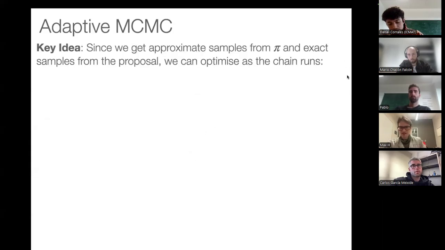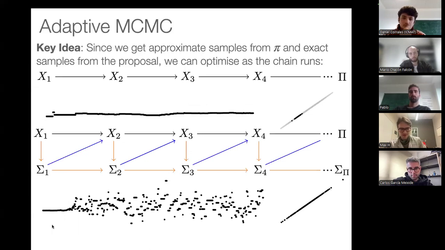So as I said before, the key idea is that since we get approximate samples from pi and exact samples from the proposal, we can optimize as the chain runs. Here is quite a simple example where we're attempting to sample from a target distribution whose mass is concentrated in an incredibly thin region.